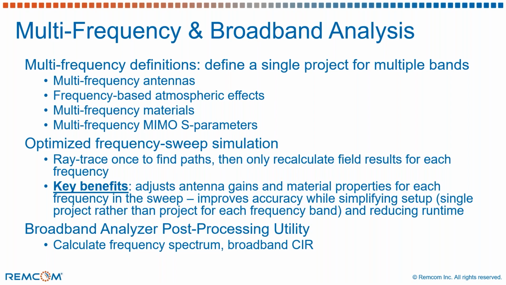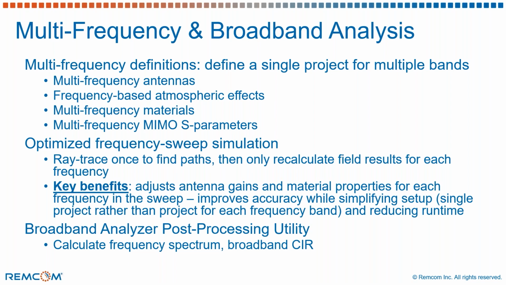If it's a MIMO antenna, you can have multi-frequency S parameters. And all of that works together automatically when you're running a simulation. If you have a frequency sweep, then the appropriate antenna pattern will be chosen for either part of the link.